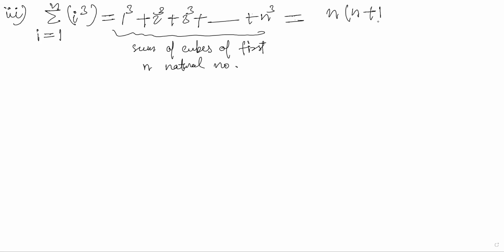The first answer was n into n plus 1 by 2, and this would be the whole square of that answer.